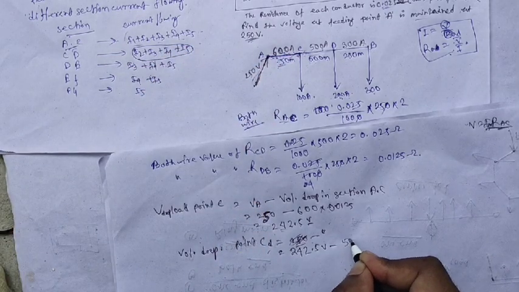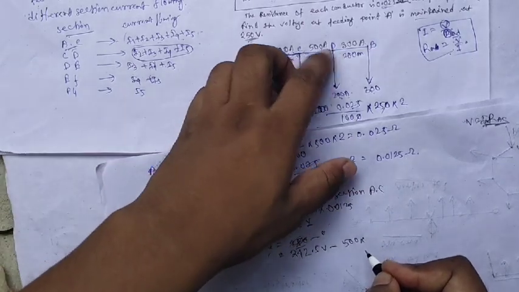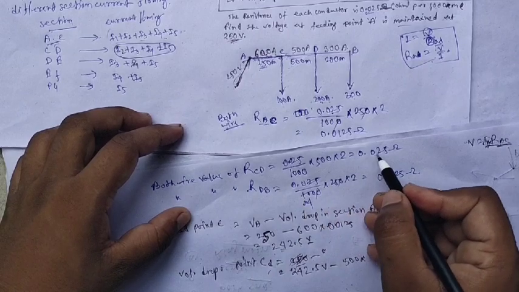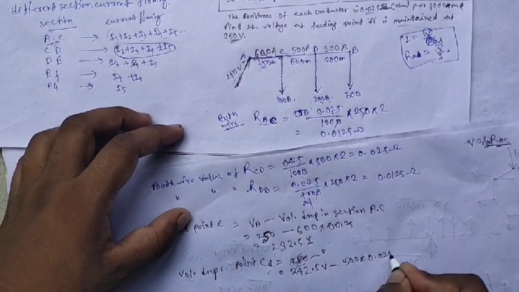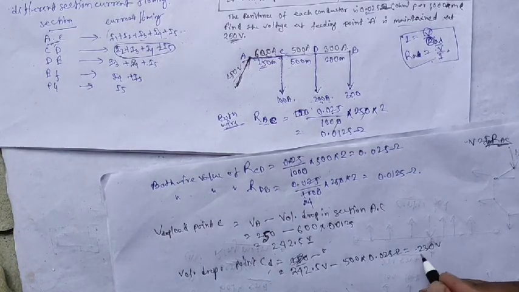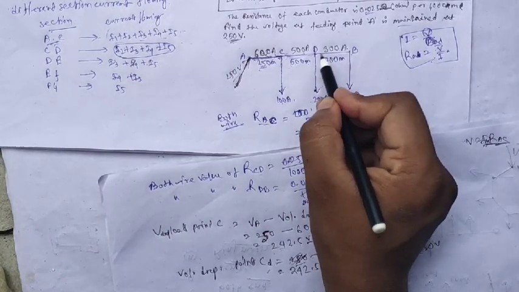How much is the loss? This is 500 meter, and we calculate the value 500 into 0.025. So how much is this value? 230 volt. So what is the supply voltage of this portion here?